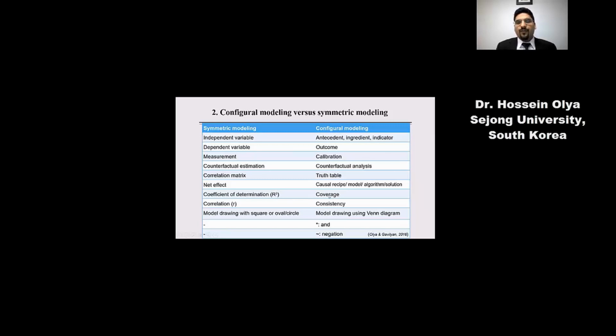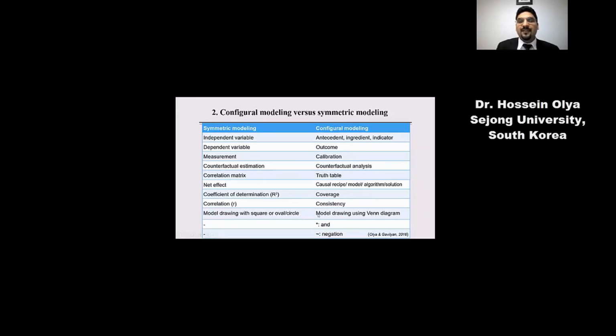Here we have coverage as a measure. I will explain more in the future slides. I don't want to spend too much time on this slide because it's just explaining some terms. We have consistency, which is analogous to correlation in the symmetrical approach.